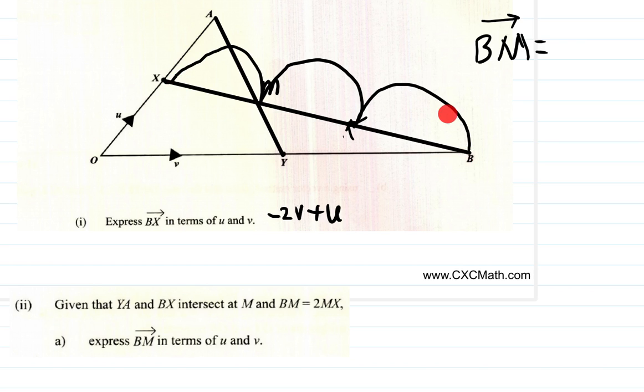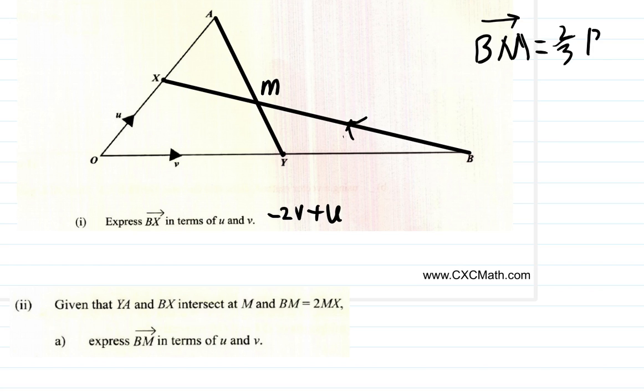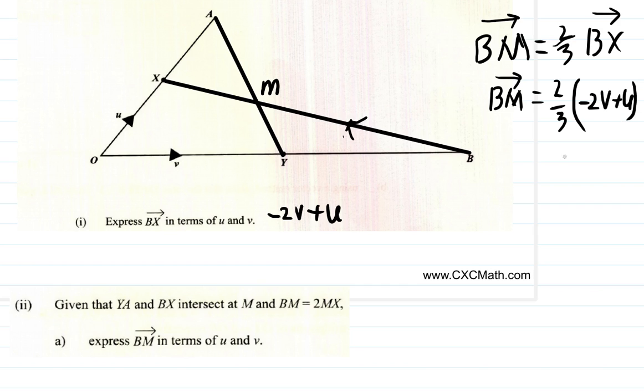So from B to X would be 1, 2, 3 steps. So what you can say is BM is 2/3 the distance BX. See that? So BM is equal to 2/3 BX, and here you found out what BX was, negative 2V plus U.